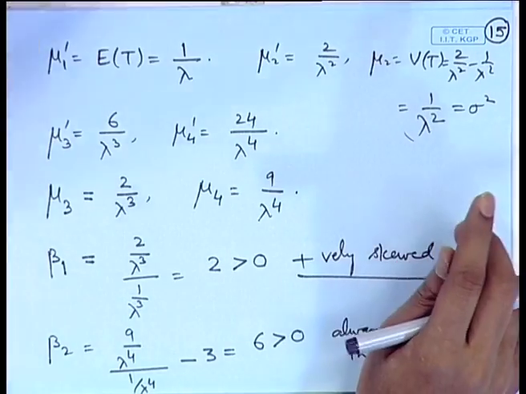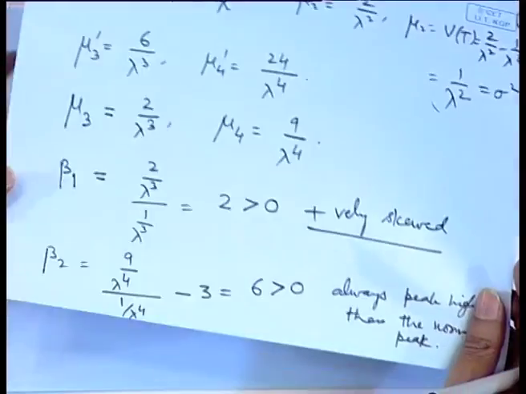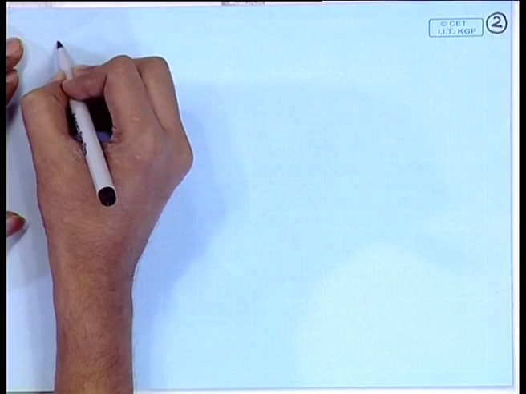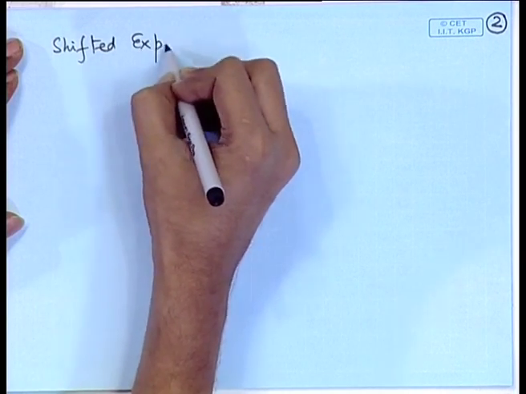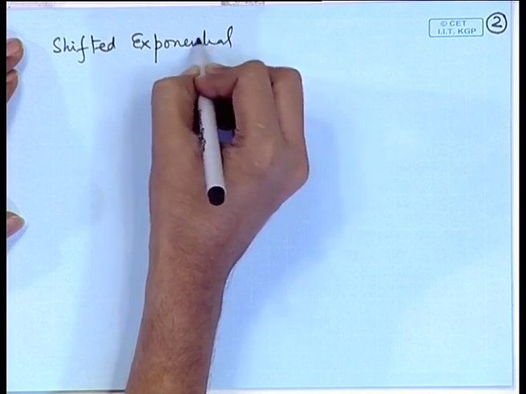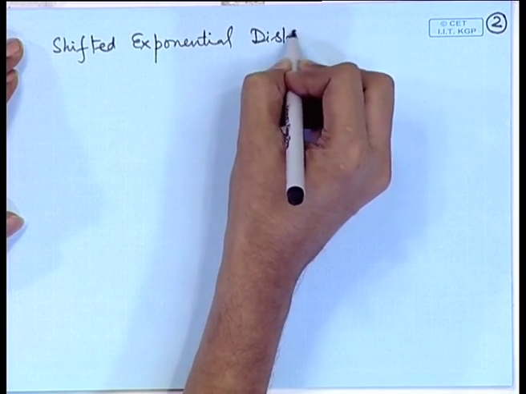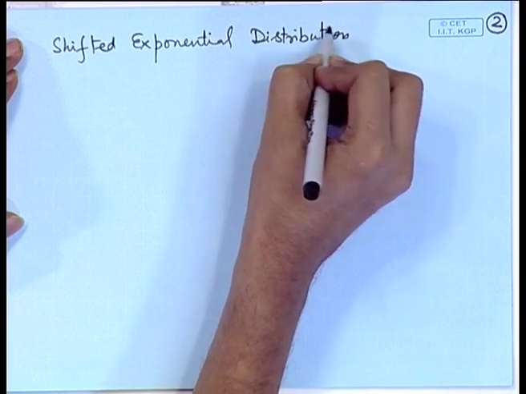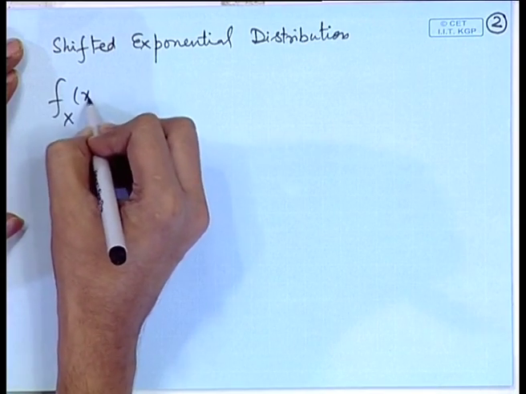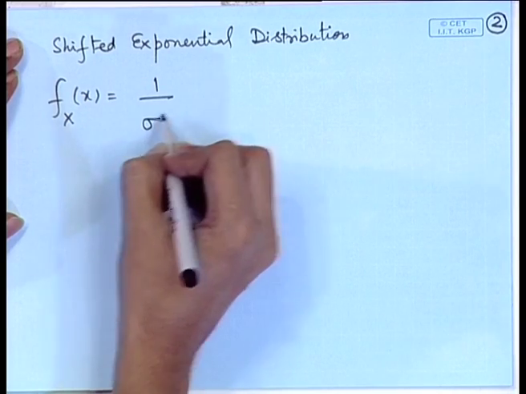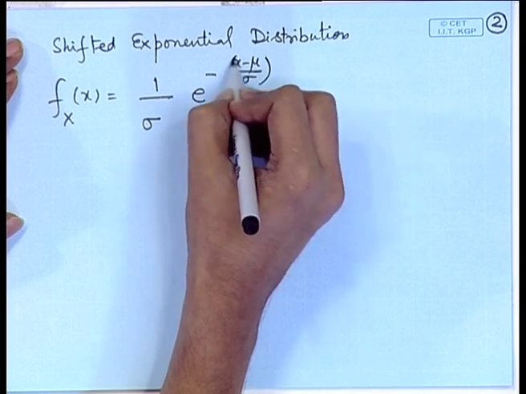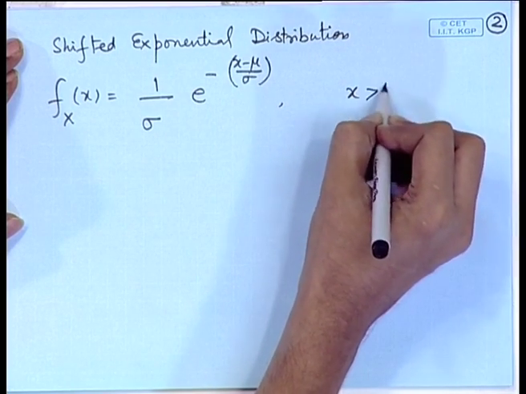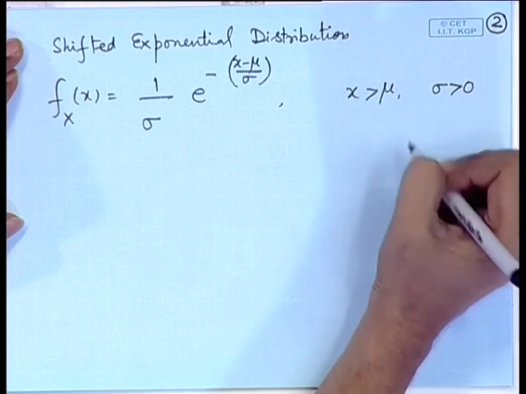So, in the popular form with the shifted origin, we call it the shifted exponential distribution. The density we can write as 1 by sigma e to the power minus (x minus mu) by sigma. Here x is greater than mu and of course sigma is positive.